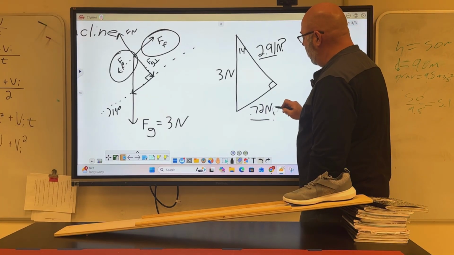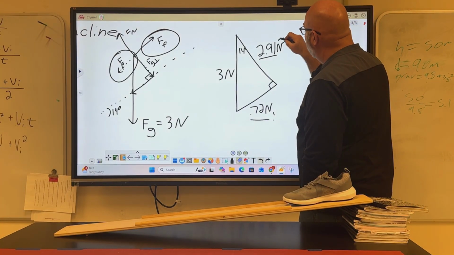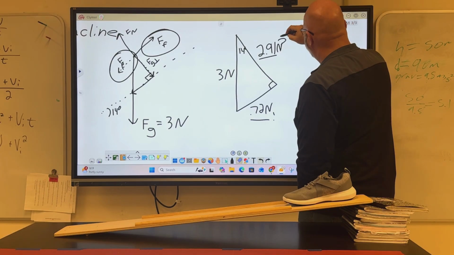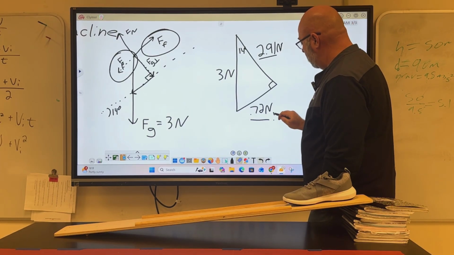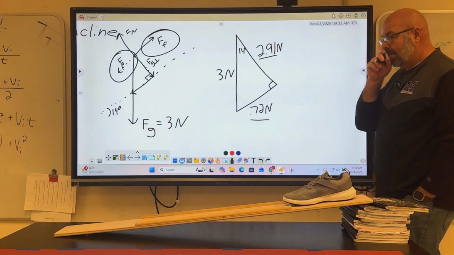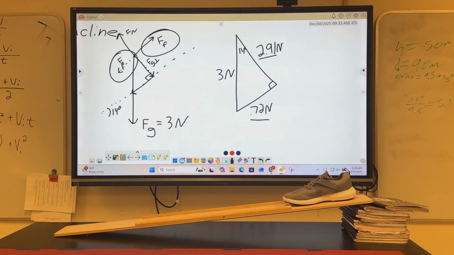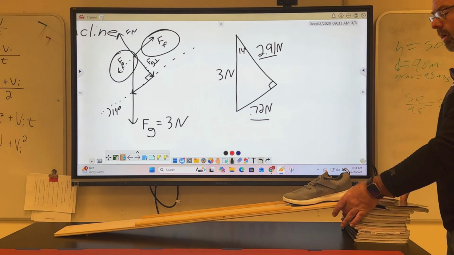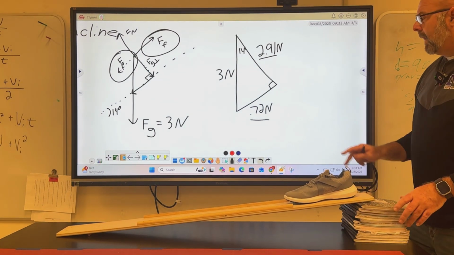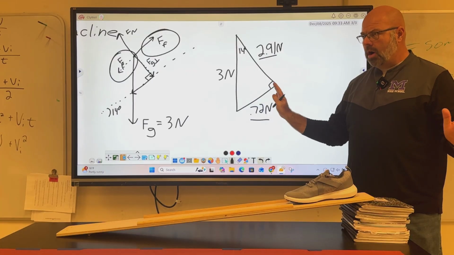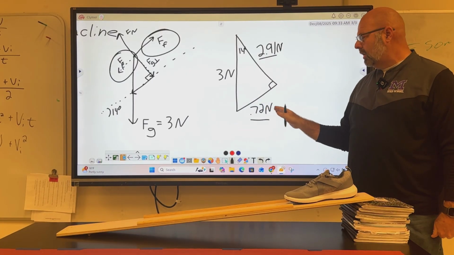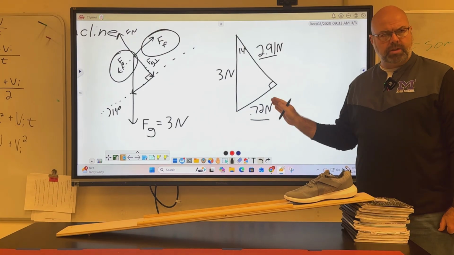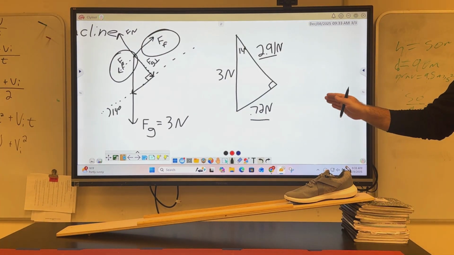So let's start with an appropriate smell test of sorts here. Do these numbers make sense? If our angle is just 14 degrees, should there be a smaller force pulling this down the ramp? Should this number be smaller? Yeah, I can agree with this.